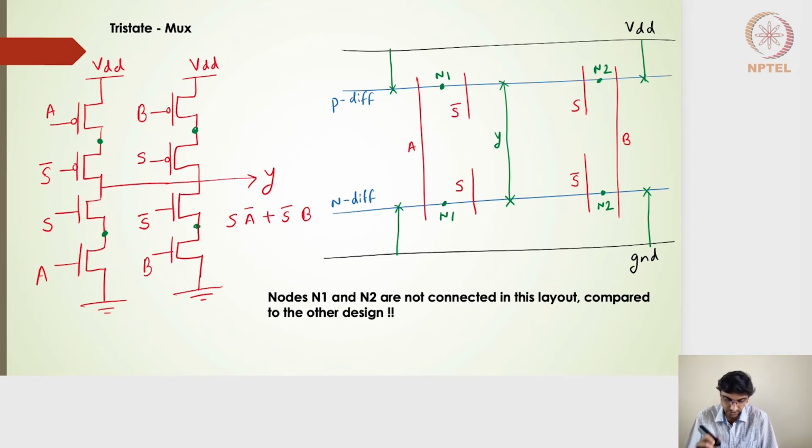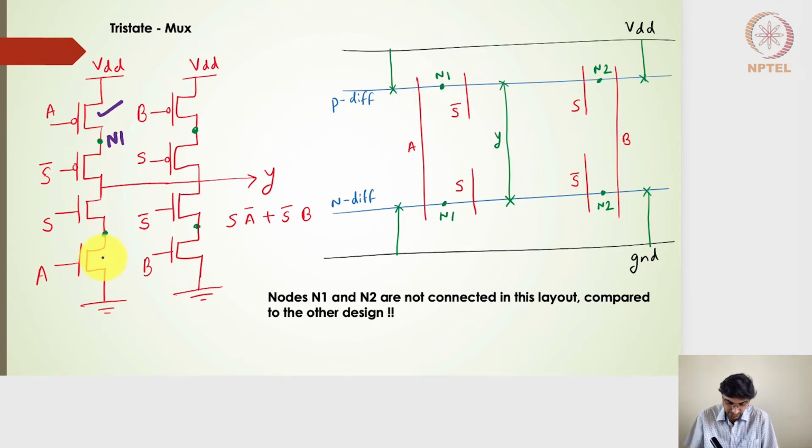Right, so let's look into the first branch, the transistors which are connected to the A signal. If I pick this particular transistor on the P diffusion line, the polysilicon gate is nothing but A, and on one side it is connected to the VDD, the other side is this N1 node, right? So that's what I have written, N1 node.